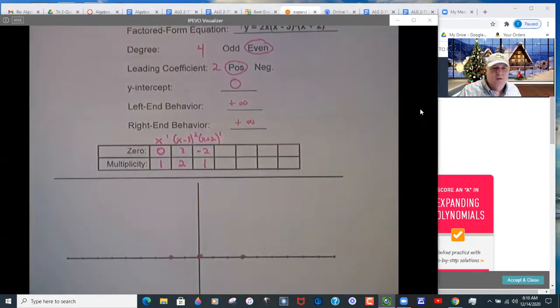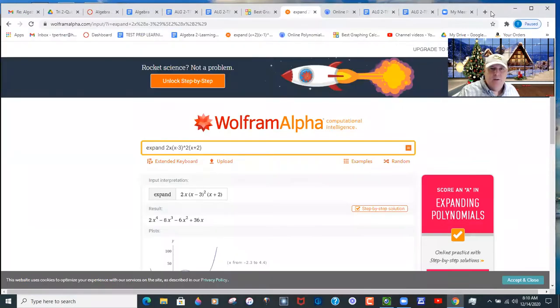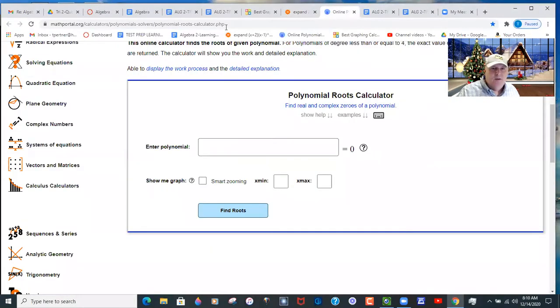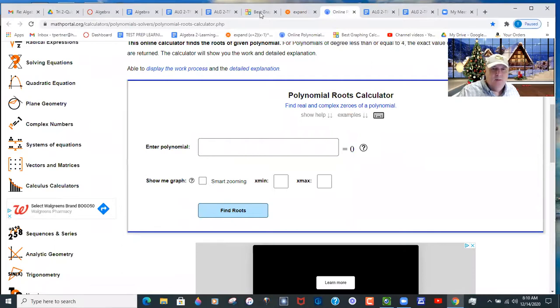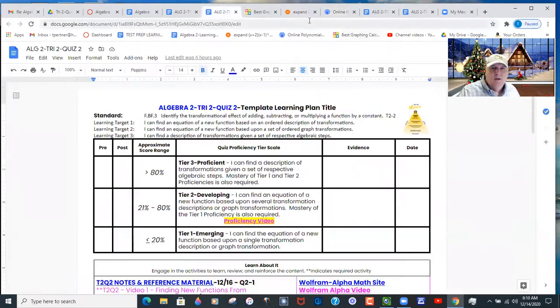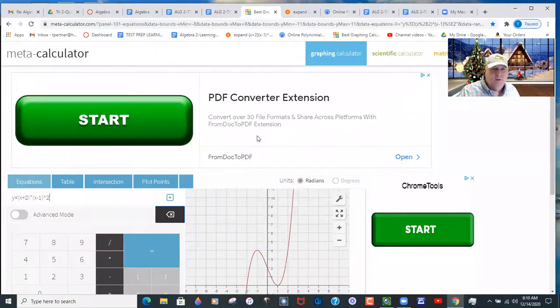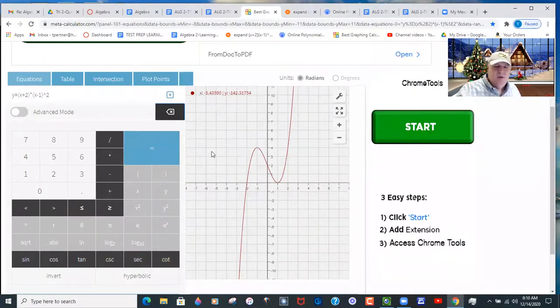is you should go to a graphing calculator. Okay, and the one that I showed you online here is not that one. So go in and graph this and take a look at it.